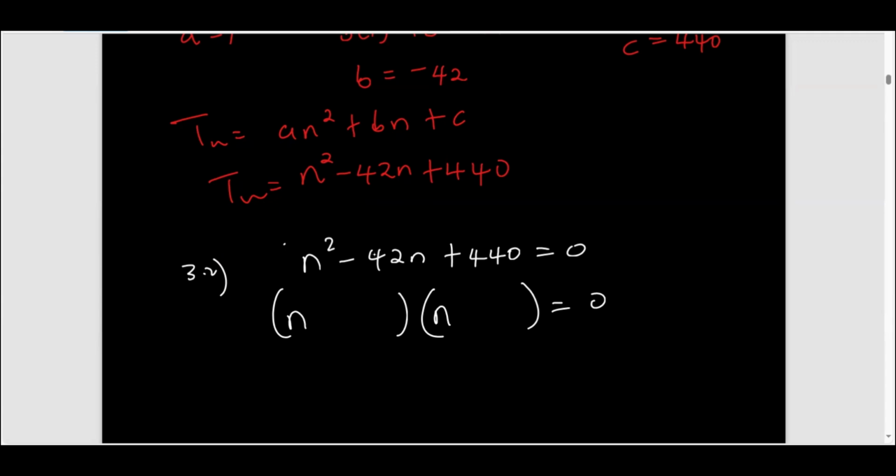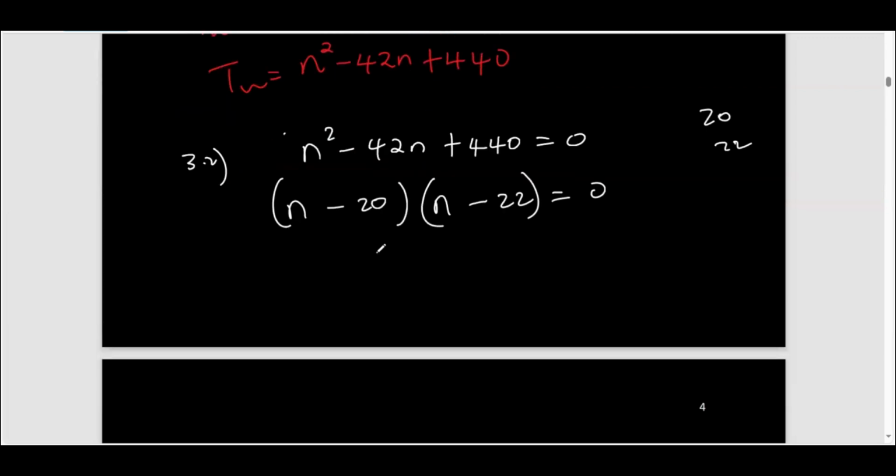So for 440, it could be 20 and 22. If I have negative 20 and negative 22, if I multiply the 2, we'll get a positive 440. Then if I add the 2, I'll get a negative 42. Okay, so in this case, we need to just solve. So n is 20 or n must be 22.